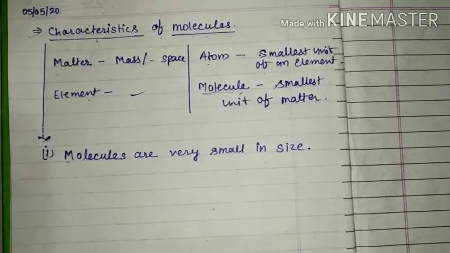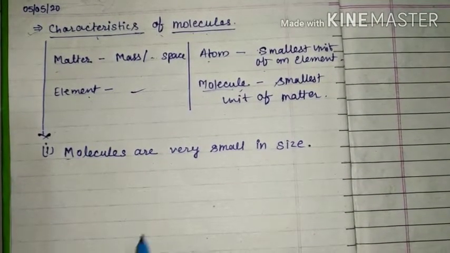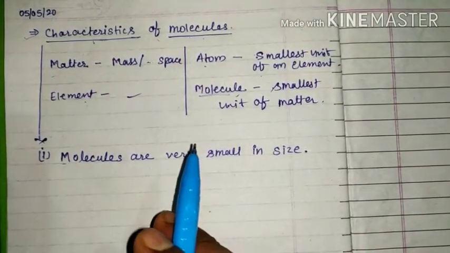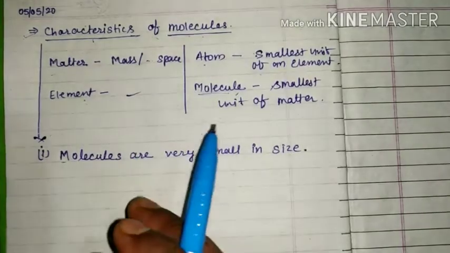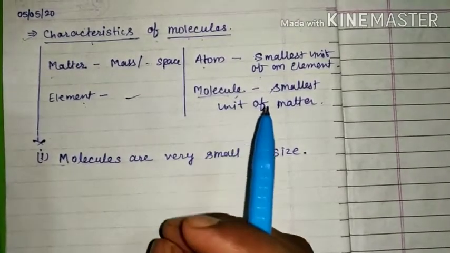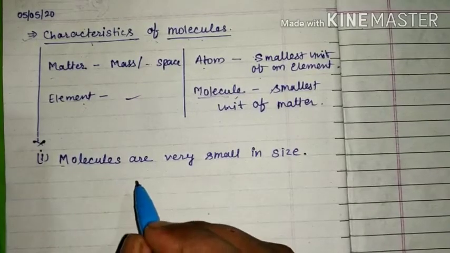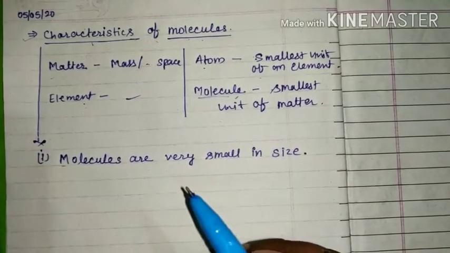It means the size of molecules, or you can say particles, is so small that it is difficult to see them with the naked eye.